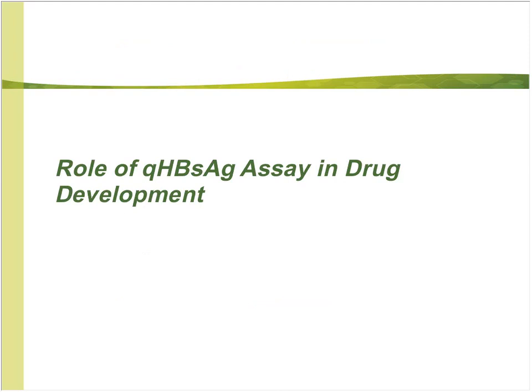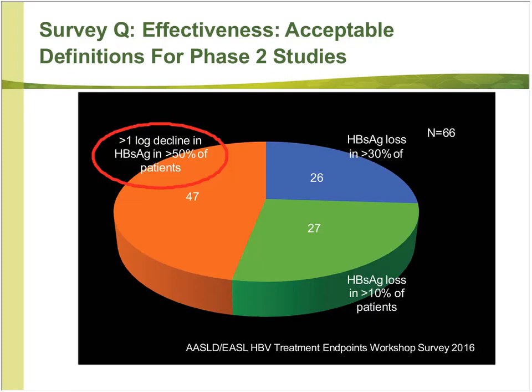What about drug development? As we mentioned earlier, there's many, many new medications being developed for hepatitis B. We're looking for a hepatitis B cure like we have with hepatitis C, but we're not there yet. The AASLD convened a program in Virginia in 2016, and this was an interesting study where the participants basically voted and said, what did they expect during drug development, especially for phase 2 studies?